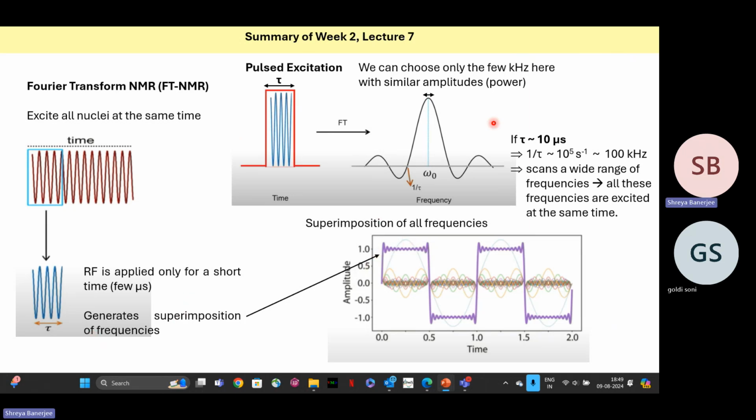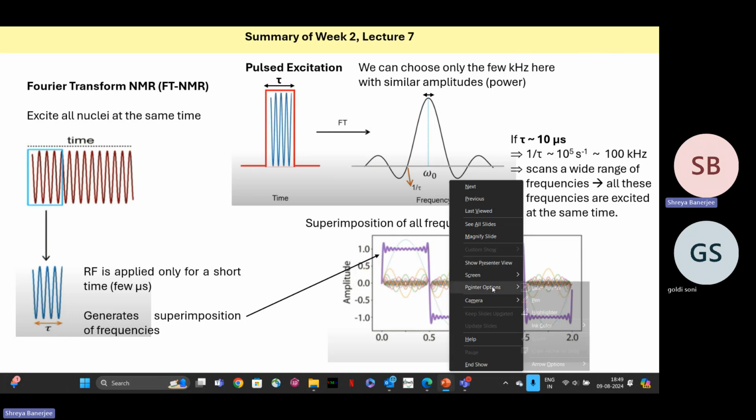And so you can see here, if you do Fourier transformation of this, so this is a graph of intensity versus time. What Fourier transformation does, it is a mathematical function which transforms the time axis into frequency axis. So if we do a Fourier transformation on this intensity by time pulse, it will give us an intensity by frequency pulse.